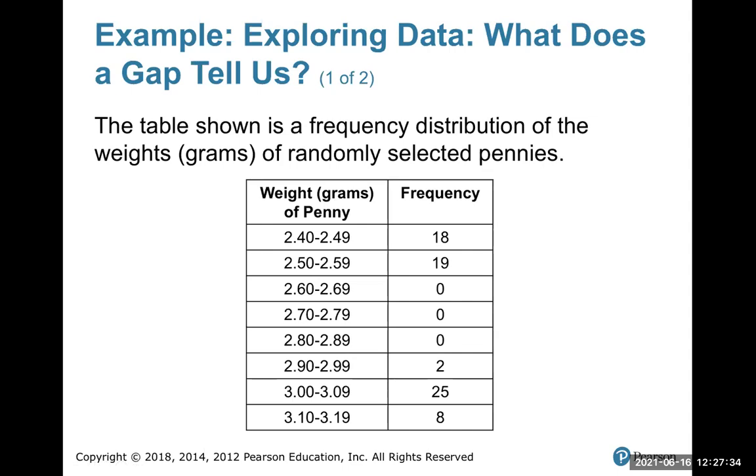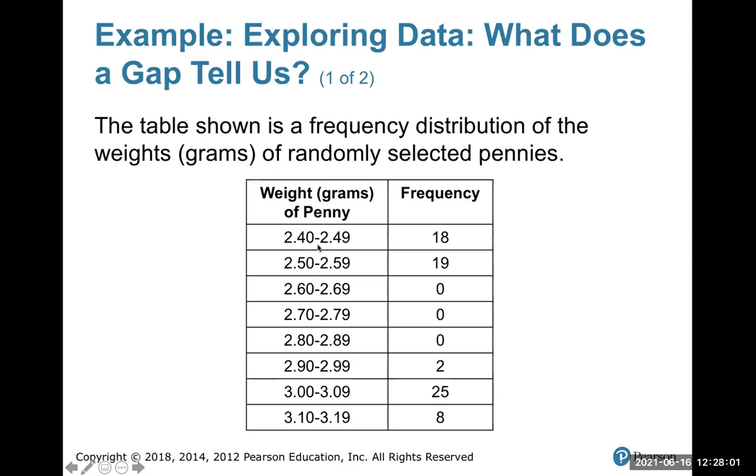Tell me what the class width is. Use your calculator. You are fabulous. That's right, 0.1. Excellent. You just subtract 2 consecutive lowers, and that gives you the class width.